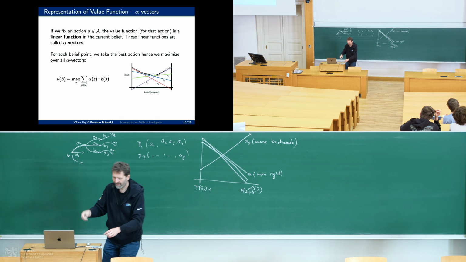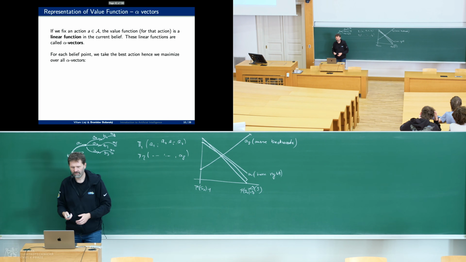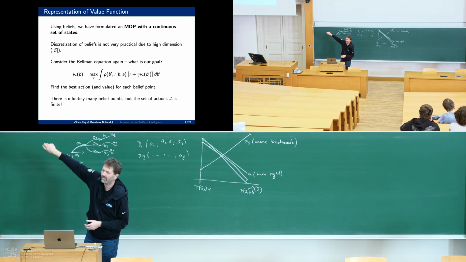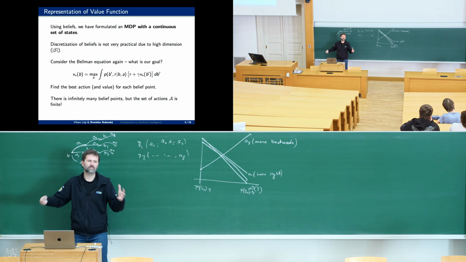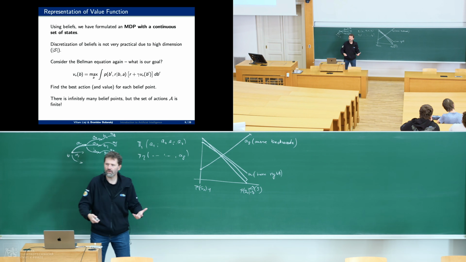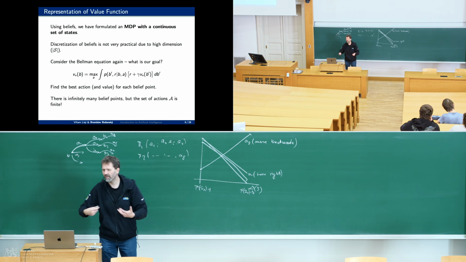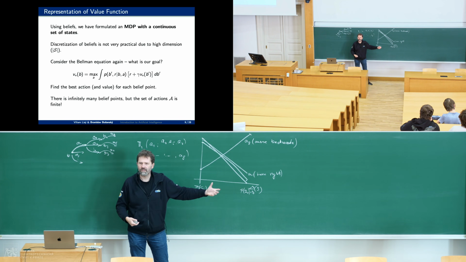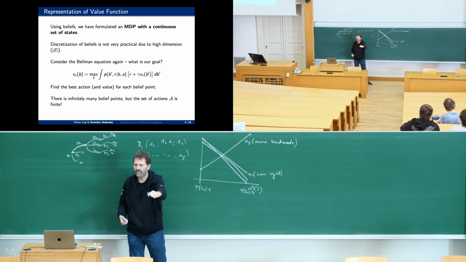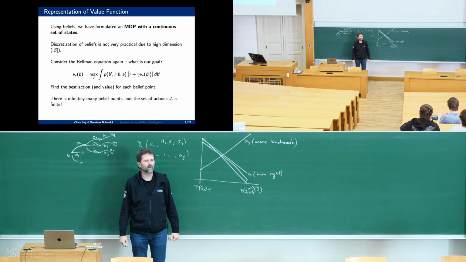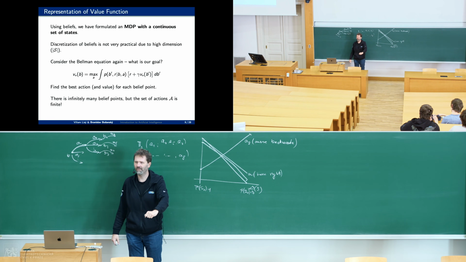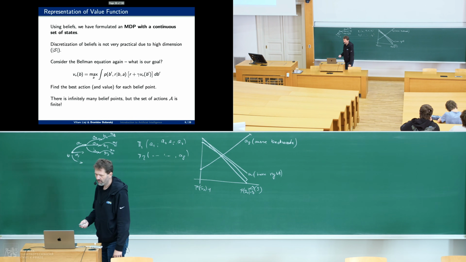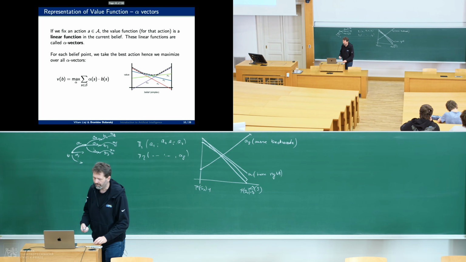If I have really all possible policies, then I have basically computed this. And then I'm done. If I have the optimal value function, then I exactly know what I need to do, because for every belief point I have a function, so I will immediately find the best policy for this belief point, and I can just follow it. Right? So this is good.